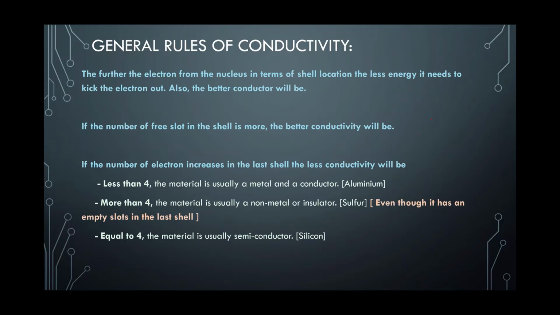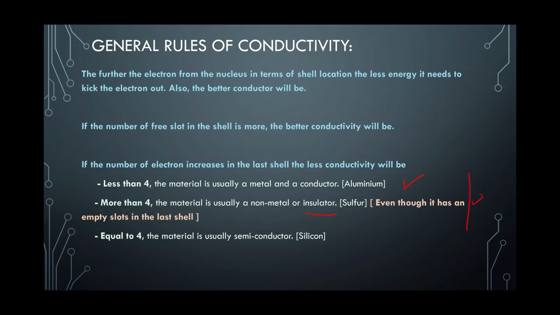So now, usually we take a look at the last shell. If the number of electrons is less than 4, the better conductor the element is. If it is more than 4, the material is an insulator, عازل.